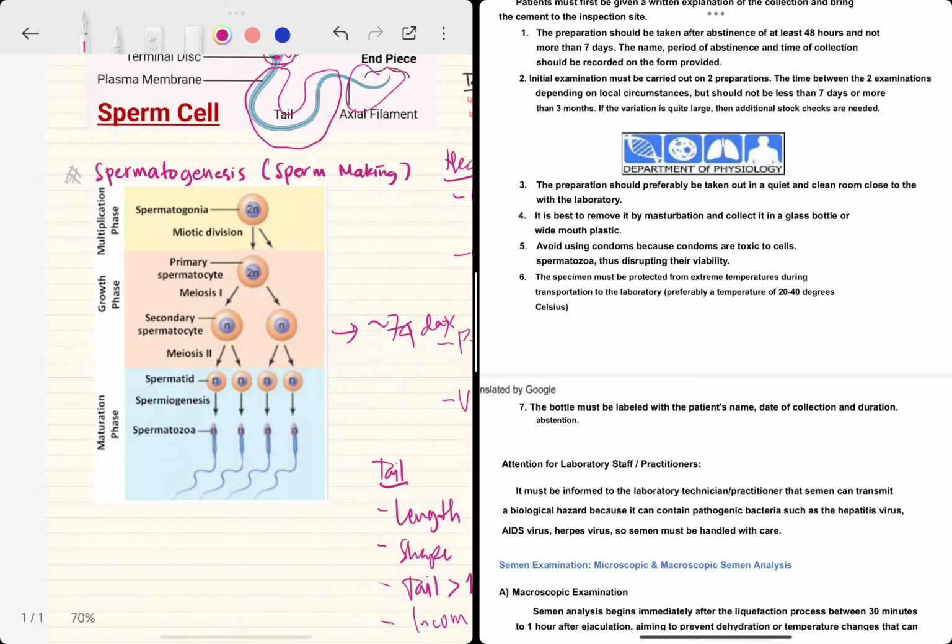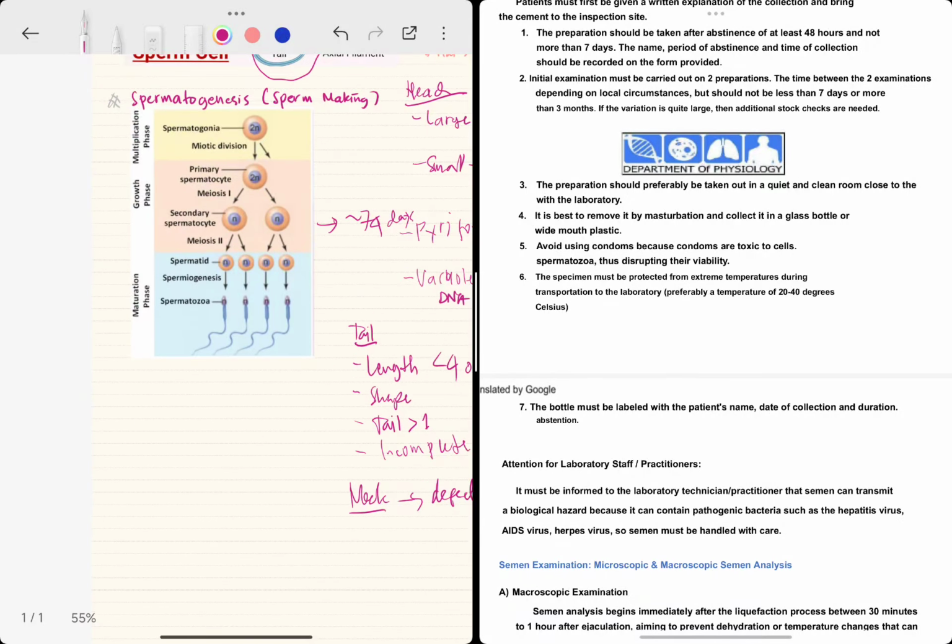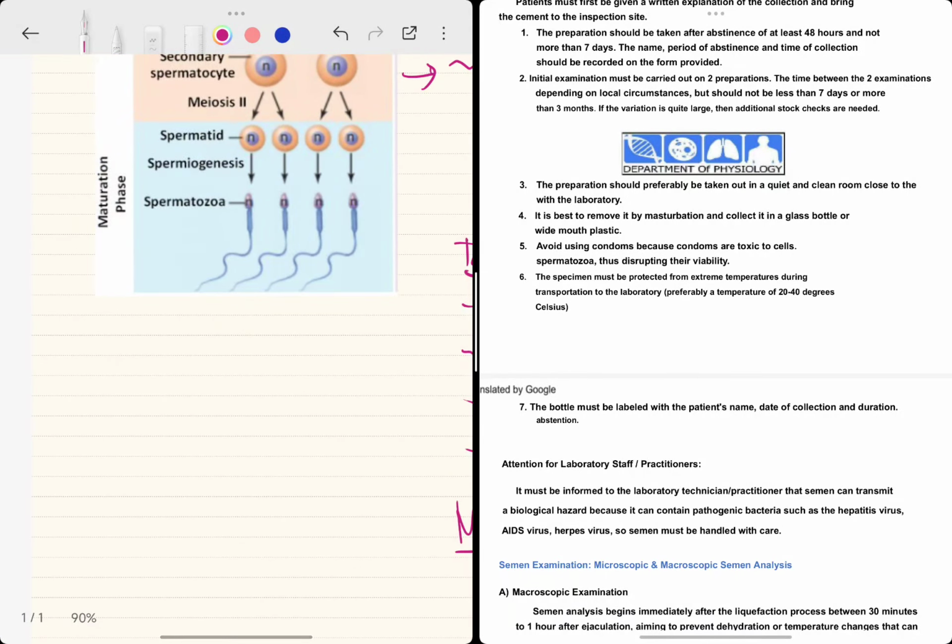Because if the abstinence is shorter than 48 hours, the volume is lower but the motility is higher.